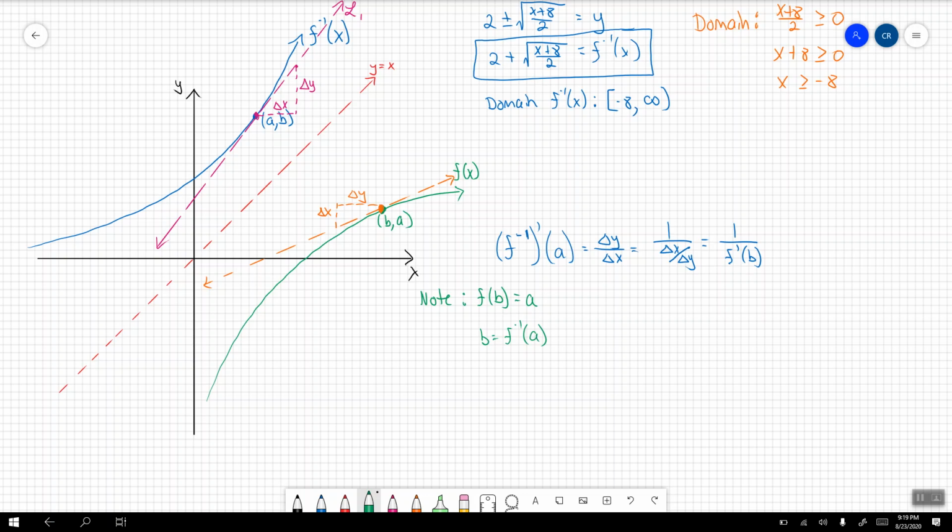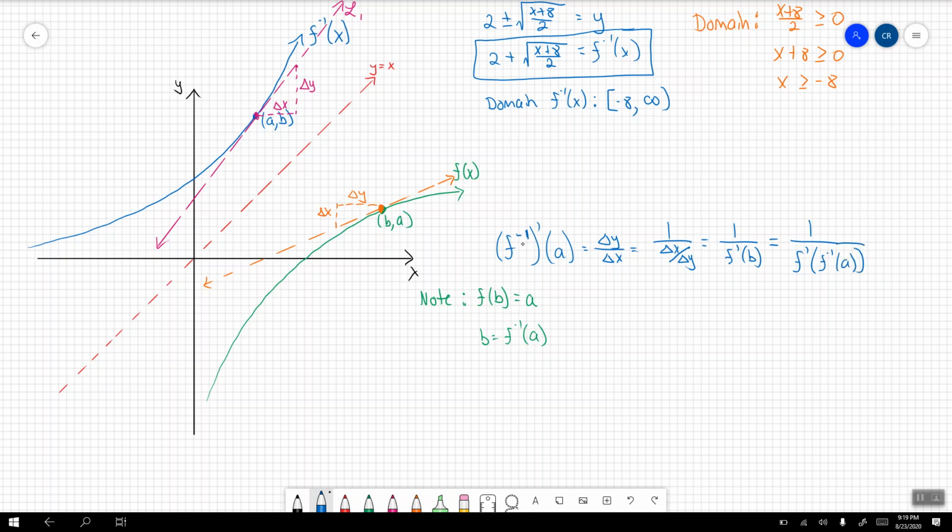Now, why is that beneficial? Well, that's beneficial because we're not done with this piece. The reason we're not done here is because this b value now takes on a different form. This value for b now takes on the form of f inverse of a.